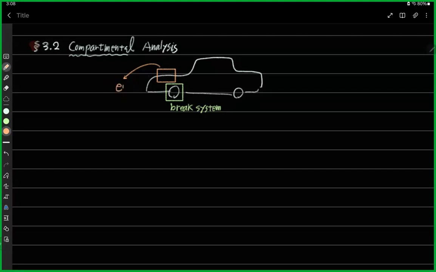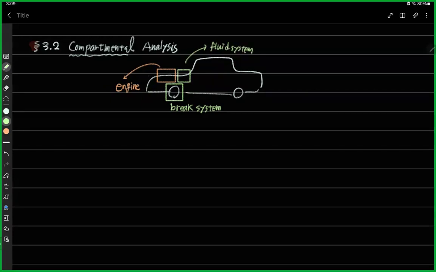Let's just say engine. And then in the engine there is the fluid system. There's a dynamic in the fluid system maybe right there. Okay, this is the example.